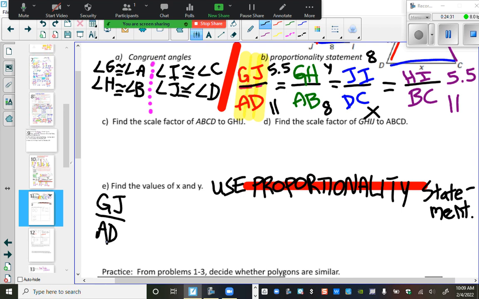So GJ over AD, that's the one we have to start with, which is 5.5 over 11.